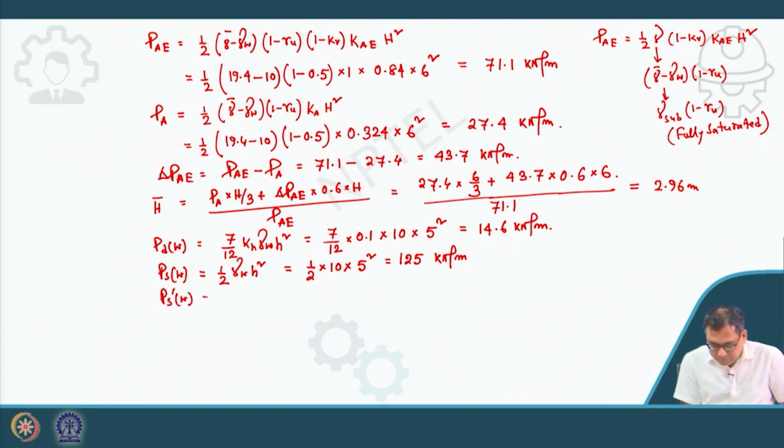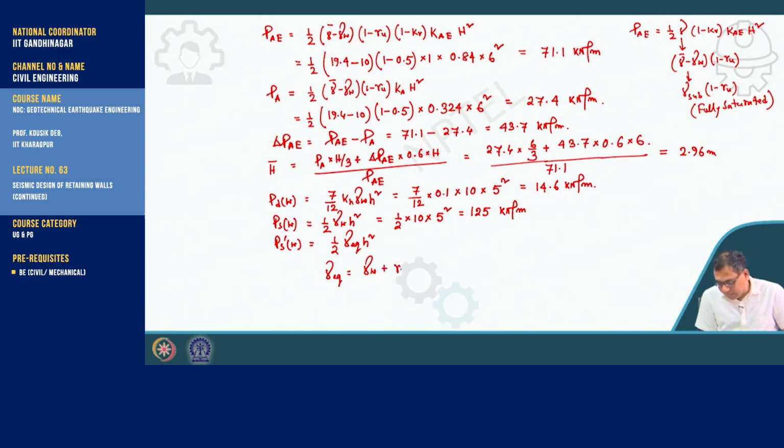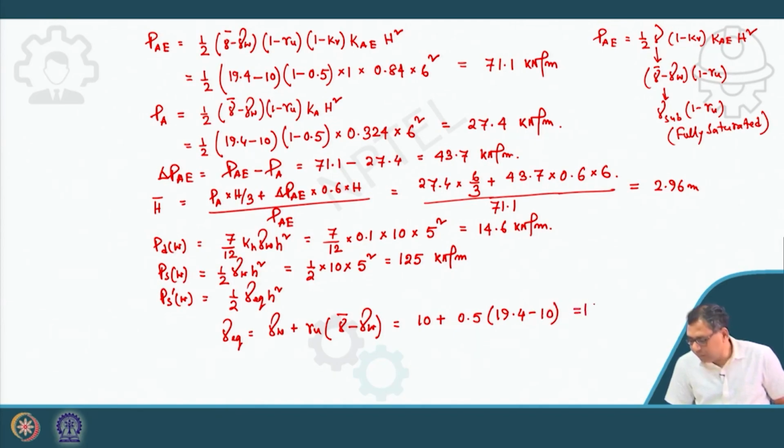Similarly, pseudostatic force in the backfill side will be half gamma equivalent into H square, where gamma equivalent is gamma W plus RU into gamma bar minus gamma W. So gamma W is 10, RU is 0.5, gamma bar is 19.4 minus 10, this will be 14.7 kilonewton per meter cube.